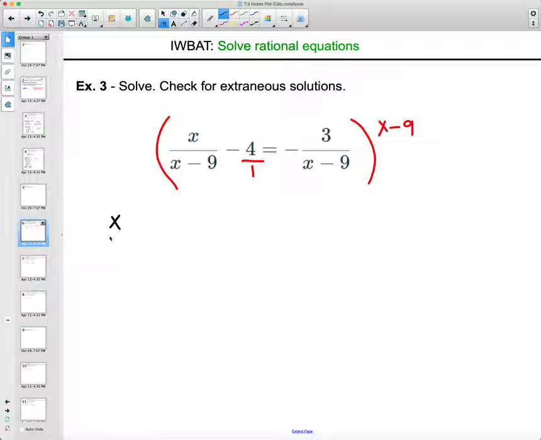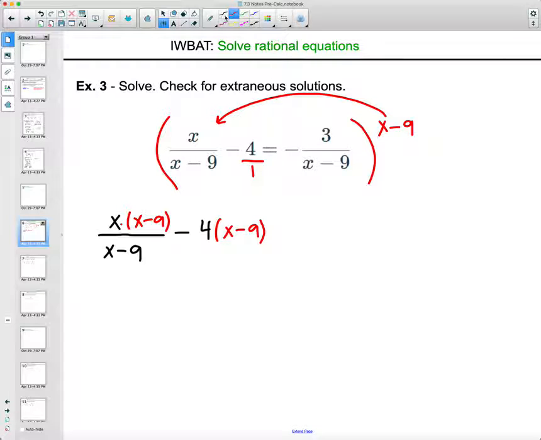I'll write down x and my x minus 9 for this first term, then multiply it in, then the minus 4 multiplied by x minus 9, and then multiply it into this final side over here.